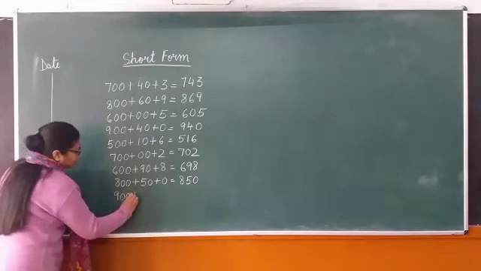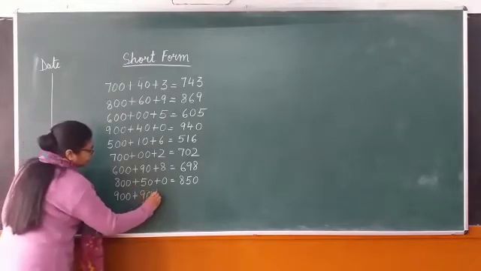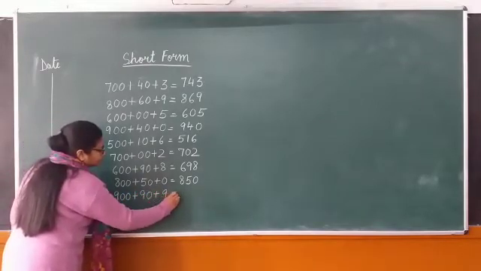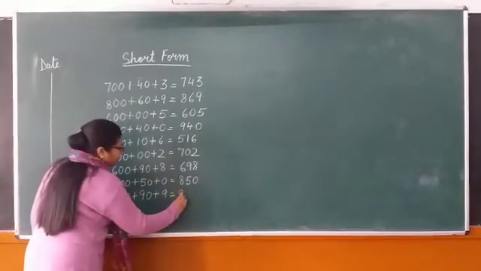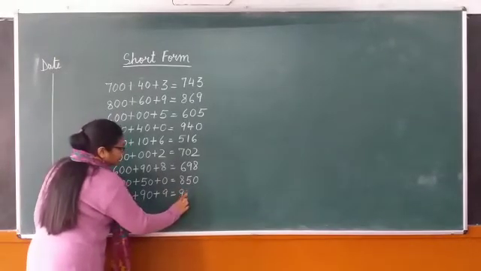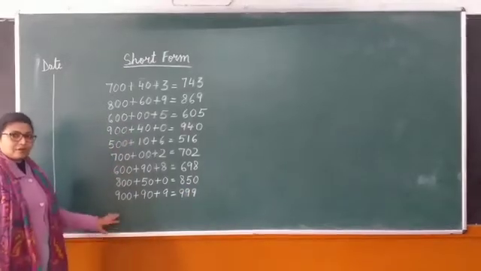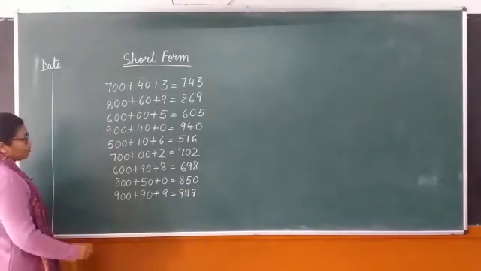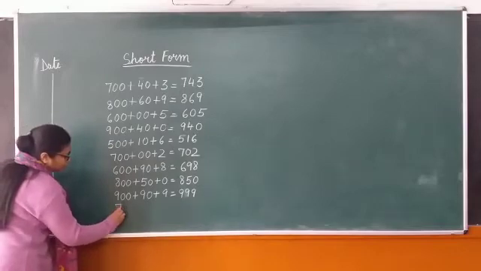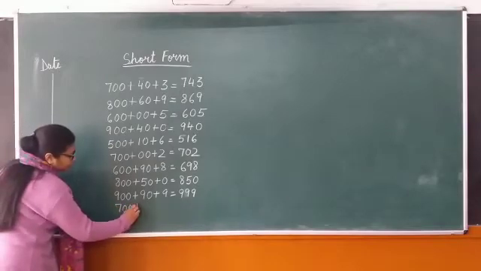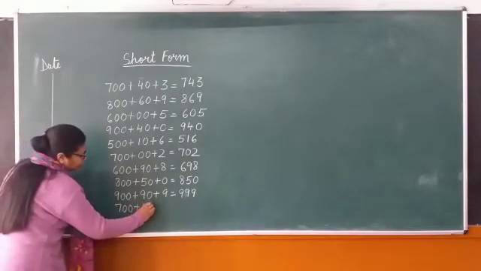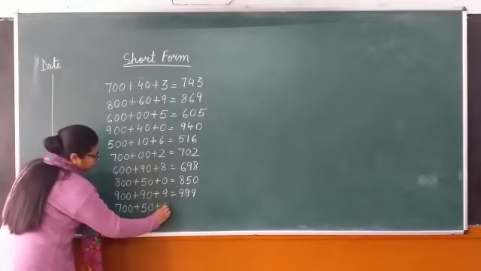900 plus 90 plus 9. Now this is going to be 999. Understood boys? Now one more example ma'am will show you. 700 plus 50 plus 6.